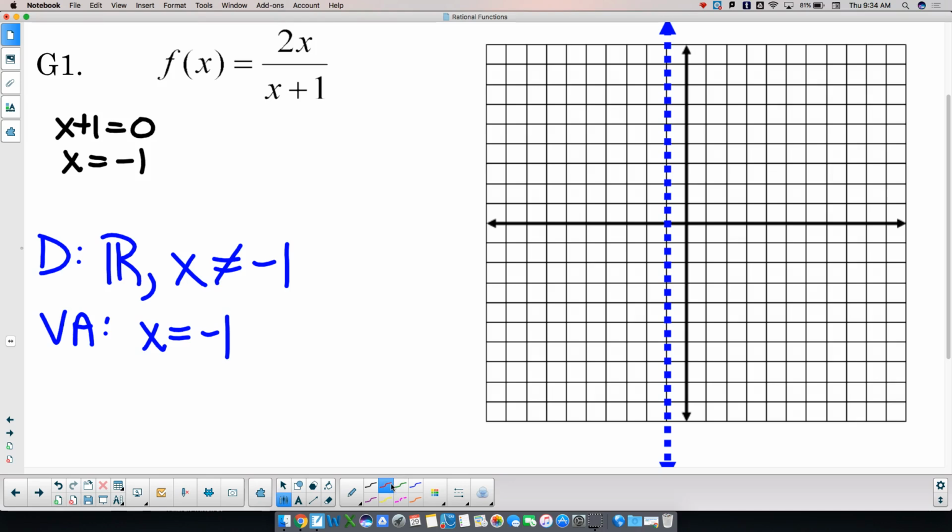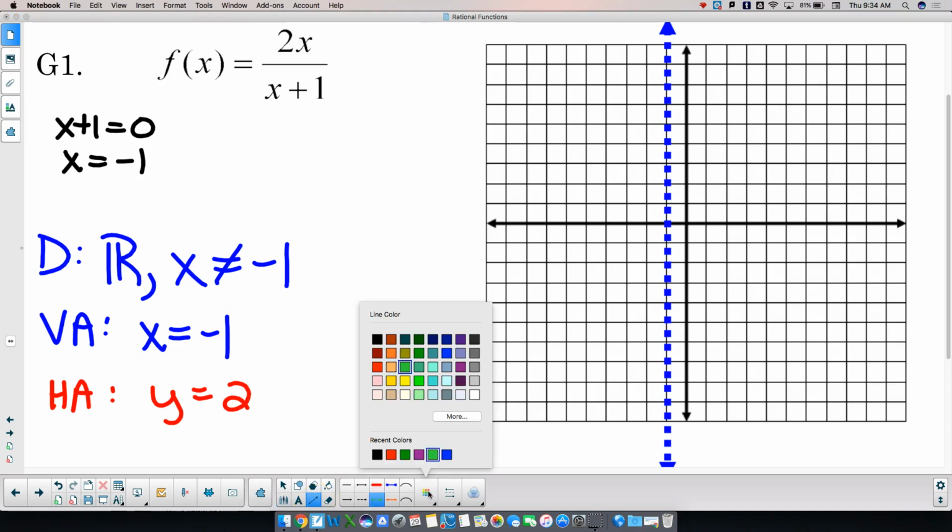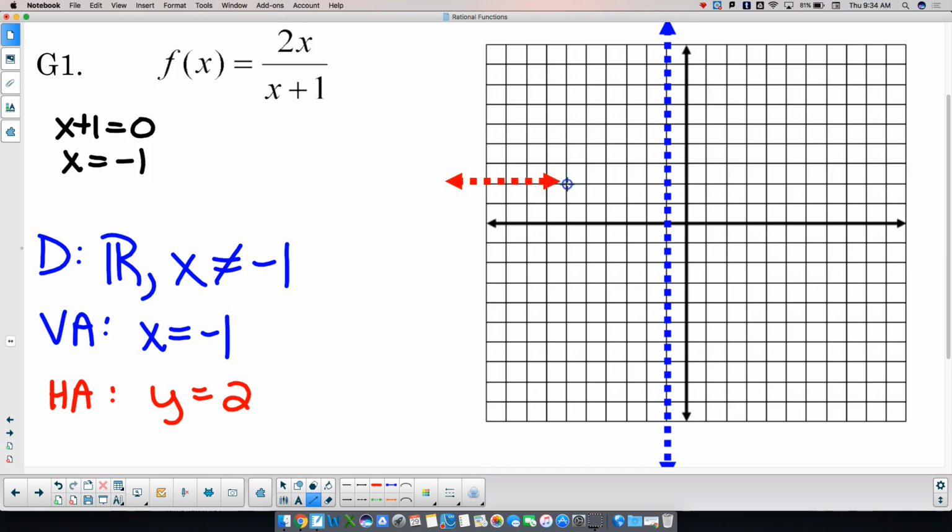So my HA is y equals 2. So I can put that as a dashed line on my graph.